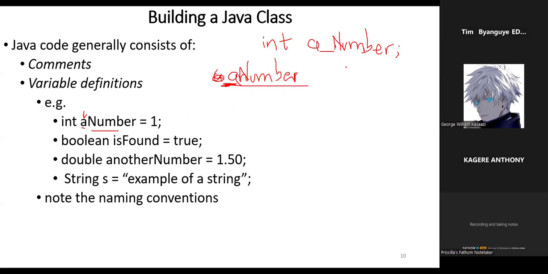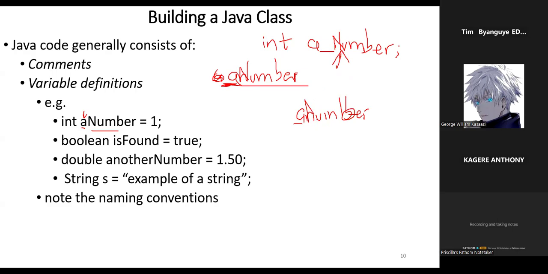But then underscores also create funny looking names. Thus, some people came up with a different, better way. Instead of writing a_number like this, or a number like that, they say, let's capitalize each word that comes after the first one.